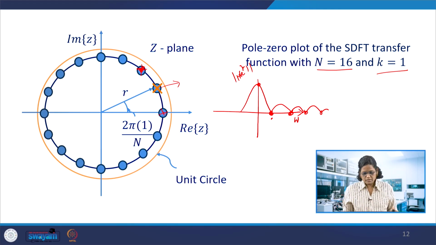In all the cases, the transient response is n minus 1 samples. This gives the pole-zero diagram of the SDFT, and about this R, the damping factor: if the zeros are placed on the unit circle and the pole which cancels the zero is also on the unit circle, then there is a chance that it becomes unstable.